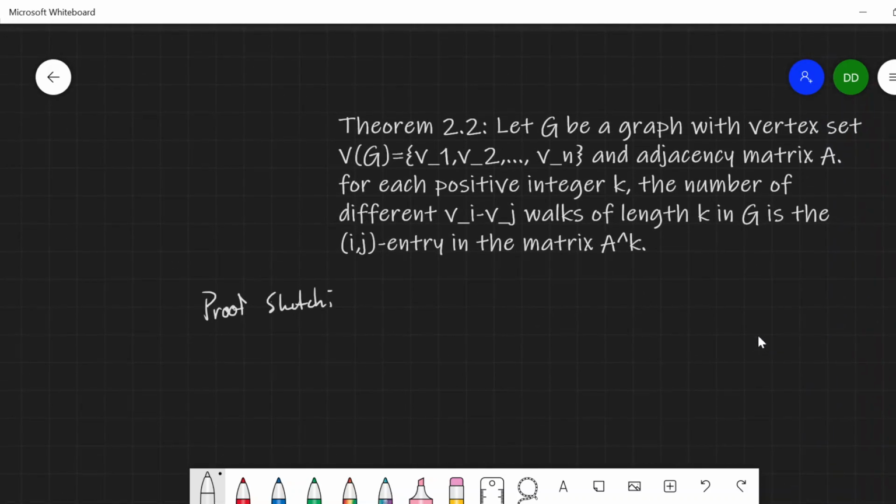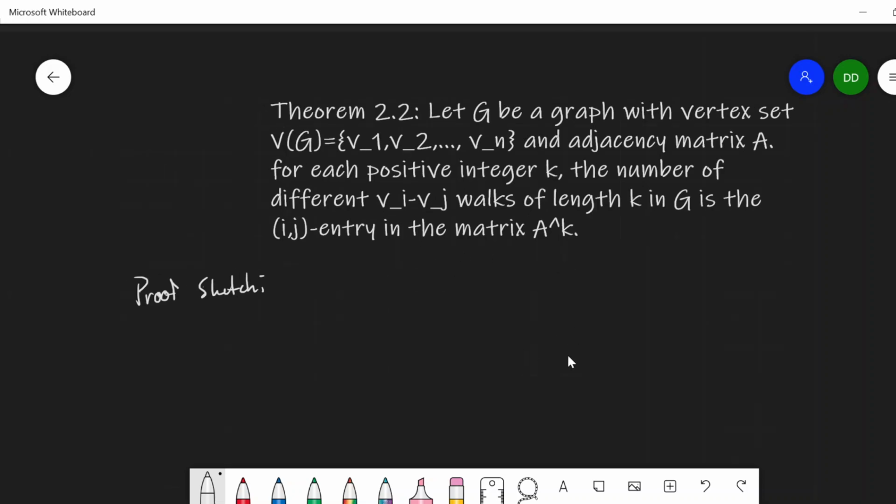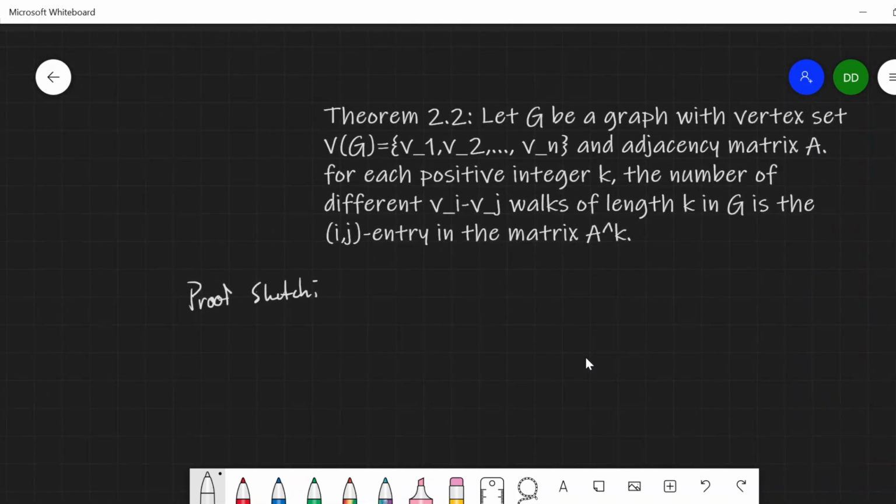Before we do that, we have to talk about what it means. Here I say the number of different vi, vj walks. So what makes a vi, vj walk different? Well, we'll define two walks to be different if they don't contain exactly the same vertices in the same order. So that's all we mean by different here. And also, before we do that, we want to use some notation, because this can get a little bit messy.